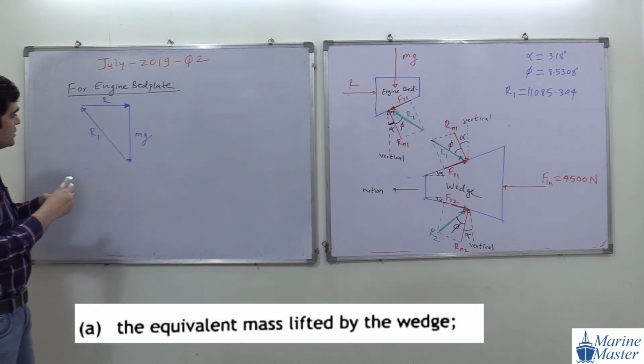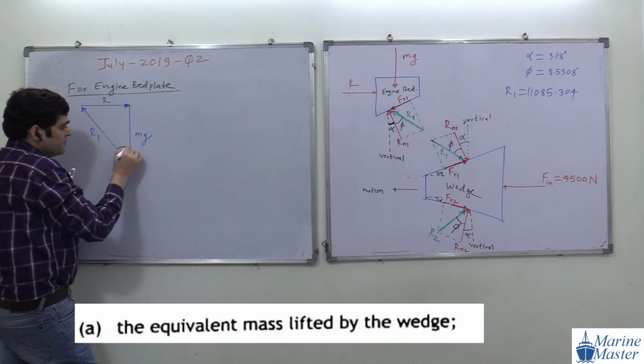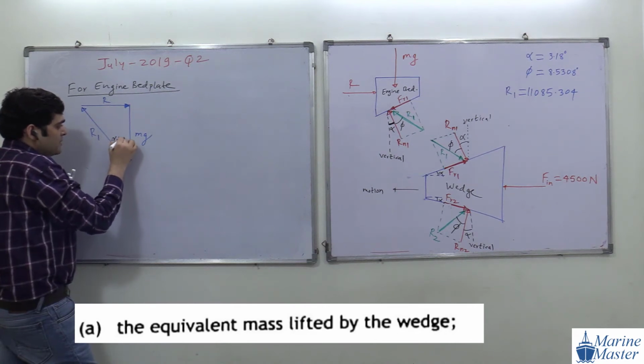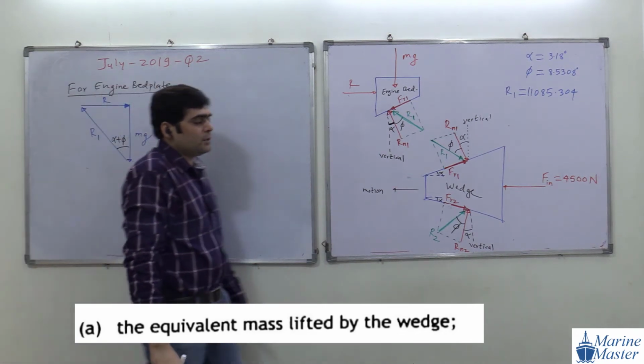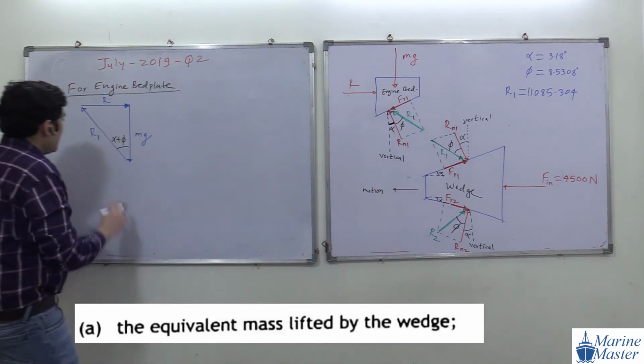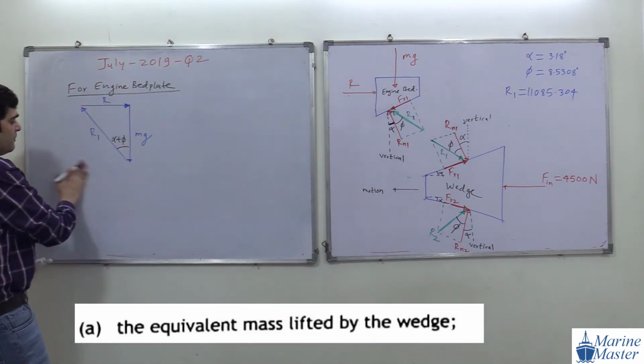And what is the angle here? Alpha plus phi. The angle of R1 with respect to the vertical is alpha plus phi.